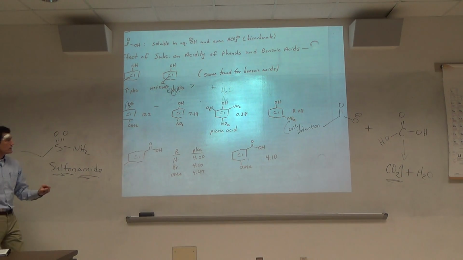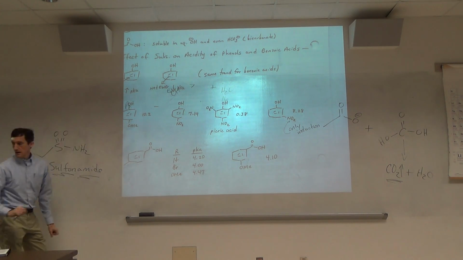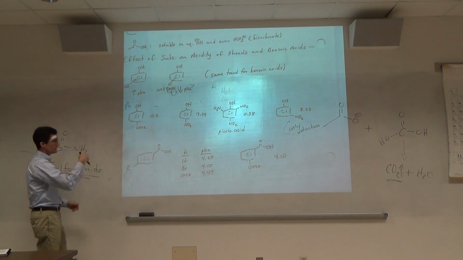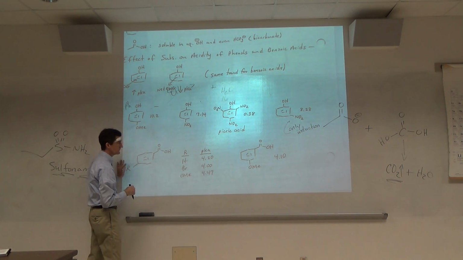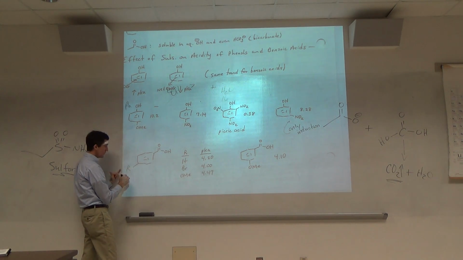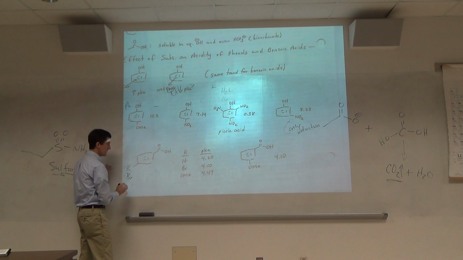Let's look at this down here. Let's move to carboxylic acids. It's very similar to up there in terms of donating withdrawing. If this was an H, about 4.2. This is a bromine, more acidic. Why is it more acidic with a bromine?